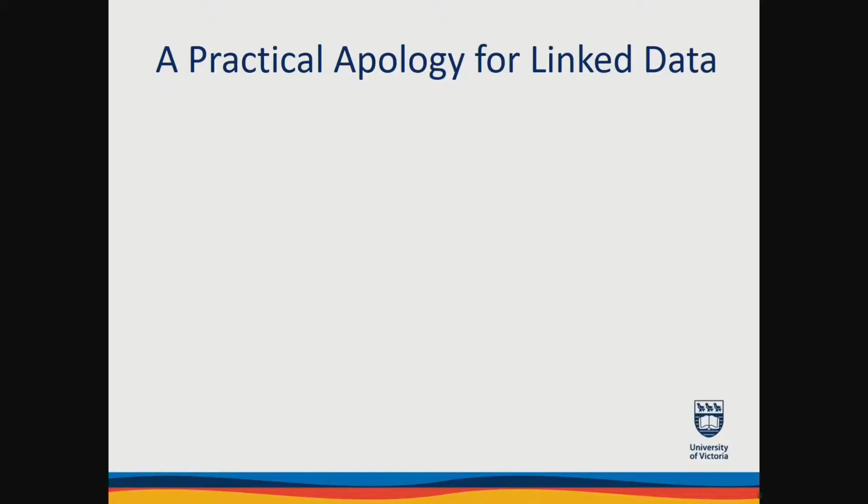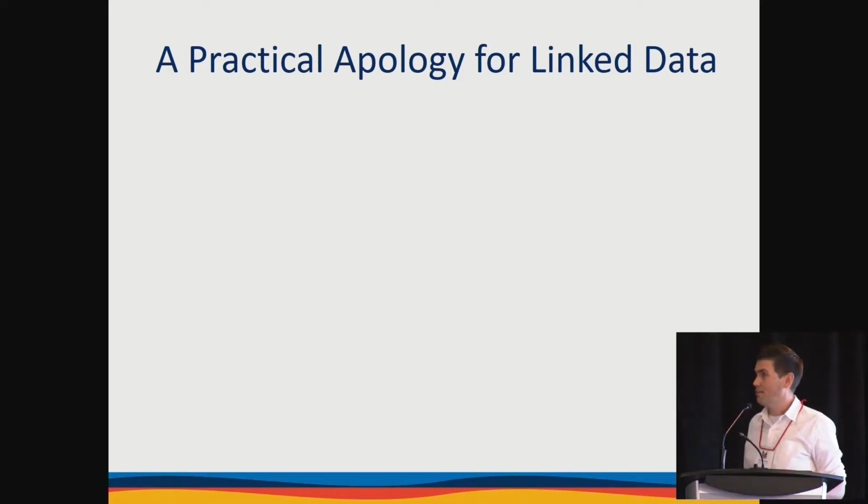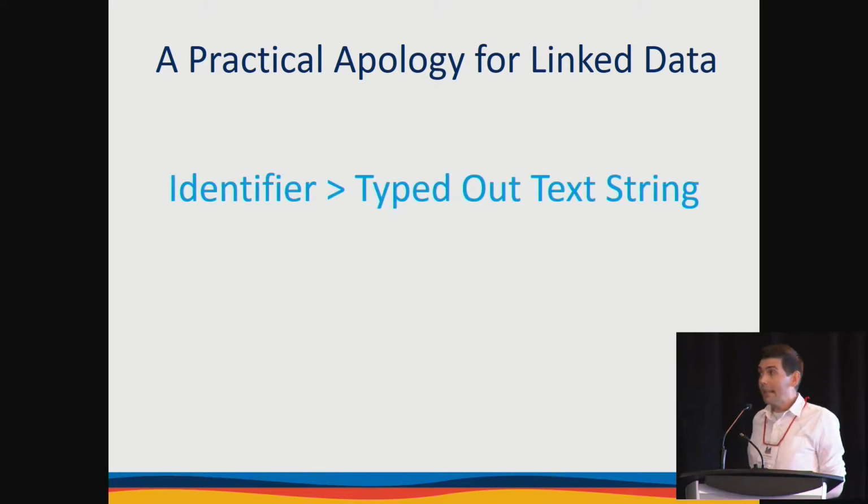All right, linked data. So yeah, all about identifiers and URIs, and I want to give a practical apology for linked data. It's used in a bunch of different ways by a bunch of different people, and some people use it in a particular way, and then other people get really mad. I don't know. So anyway, this is why I like linked data: after managing people who enter metadata for a long time, I don't like typed out text strings.